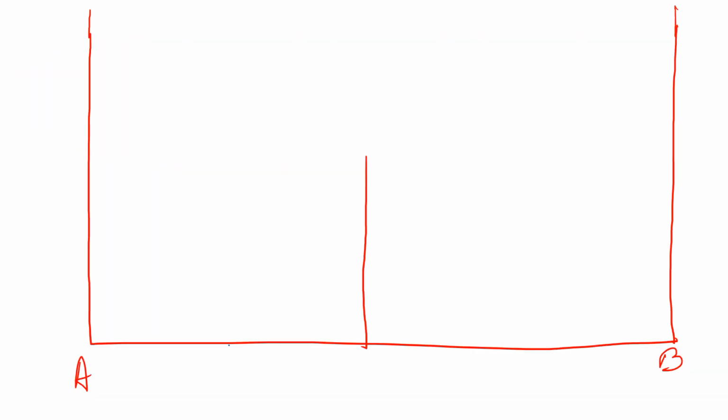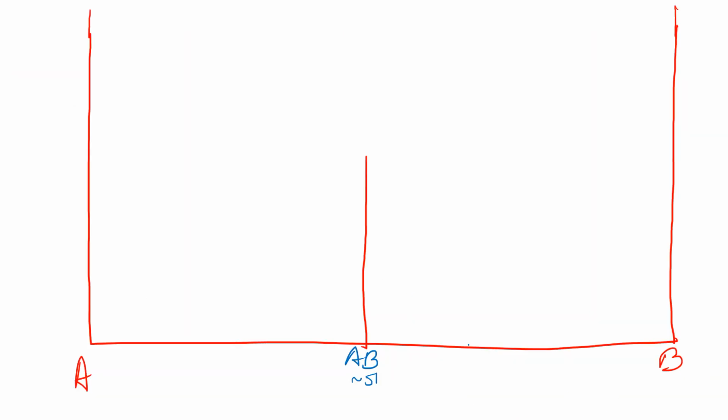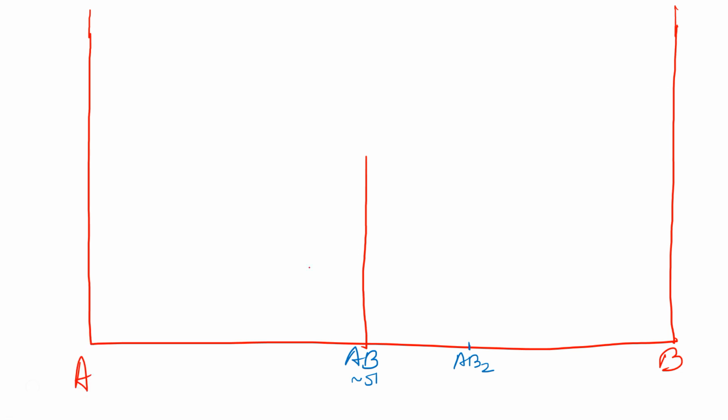So AB is here at about 51 weight percent of B. And again, 67 weight percent B and 33 A is AB2, so we have been given AB2 at 67 weight percent. So 67 weight percent is somewhere here. This is the AB2 intermediate phase that is forming.